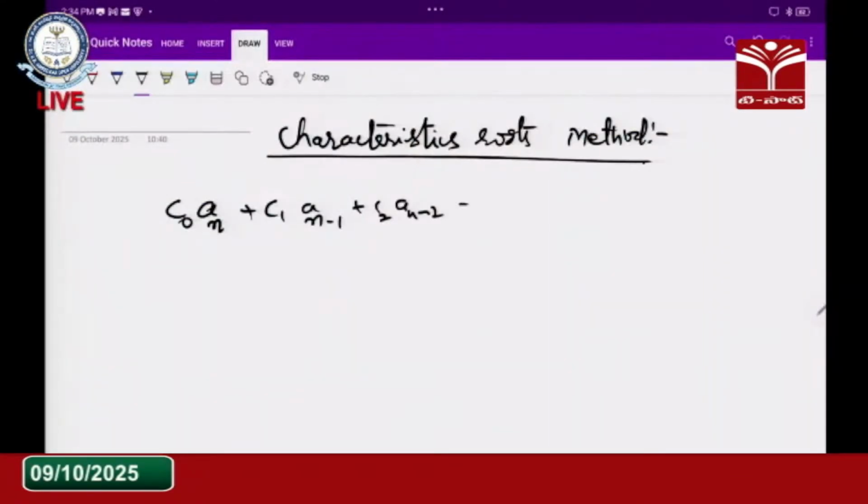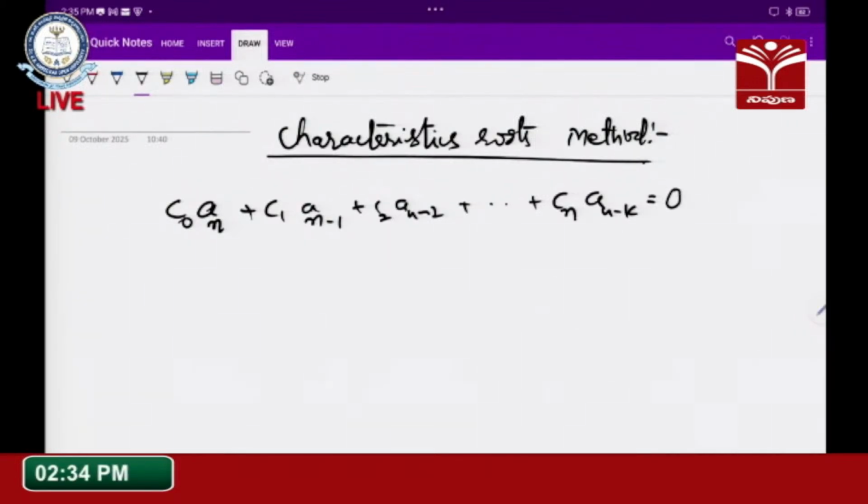If I consider a kth degree recurrence relation, the nth term will be there, right? I will take C naught an plus C1 a n minus 1 plus C2 a n minus 2 and so on plus Ck a n minus k equal to 0. Using the characteristic roots method we can solve constant coefficient homogeneous linear recurrence relations.